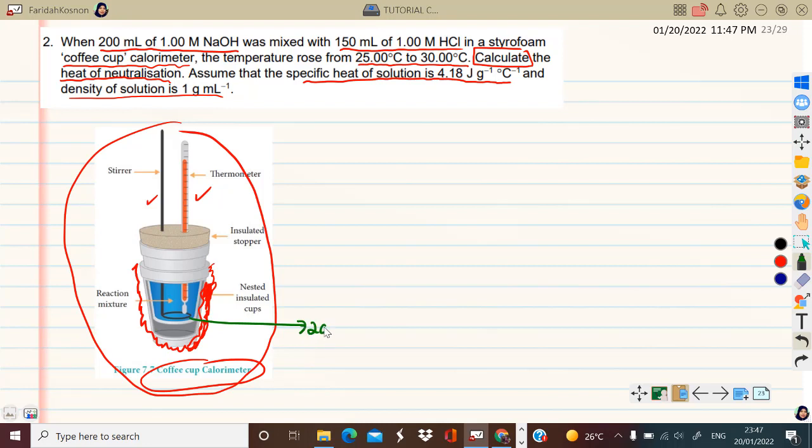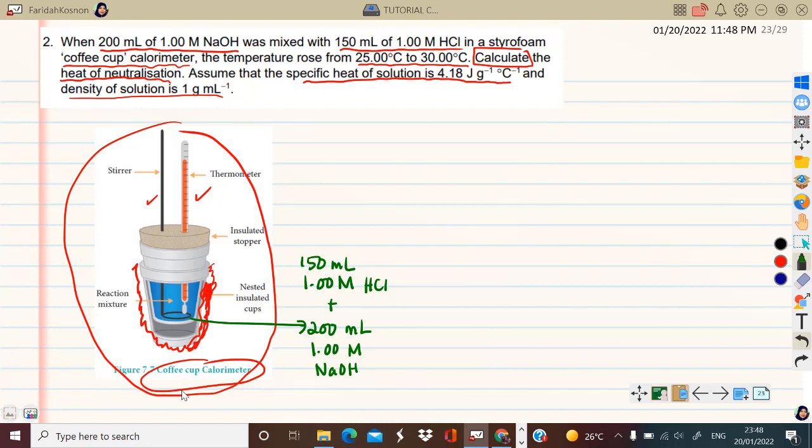Jadi kita ada apa? 200 ml 1.00 molar sodium hydroxide, and then it is mixed with 150 milliliter 1.00 molar hydrochloric acid. Okay, so what happen when acid react with base? Of course, a chemical reaction occur where the products form are salt and water.